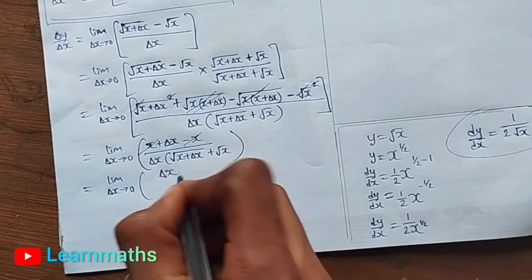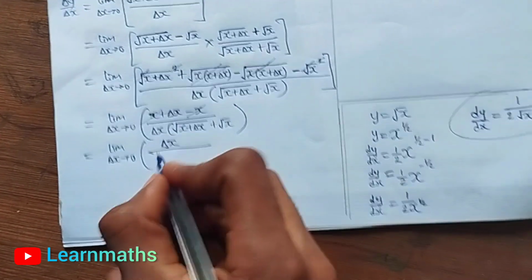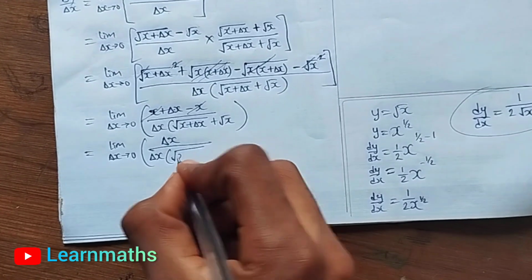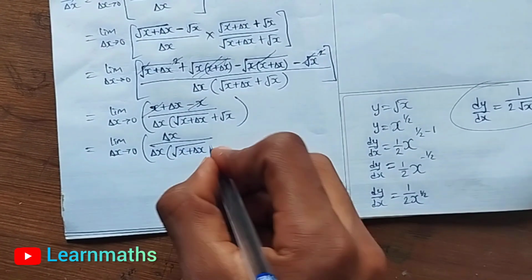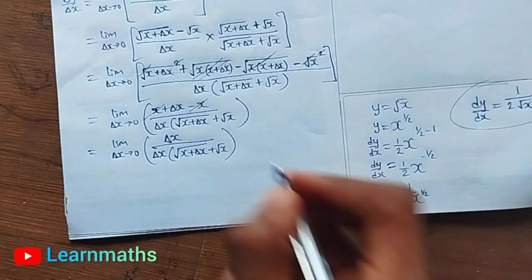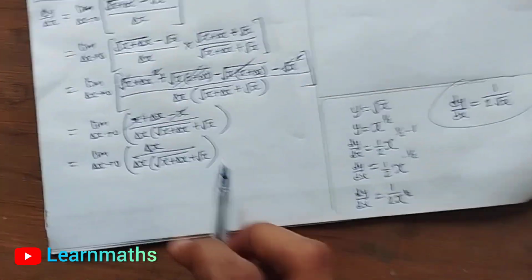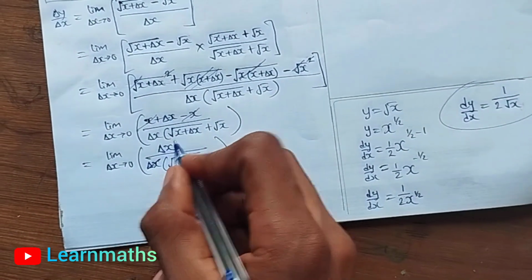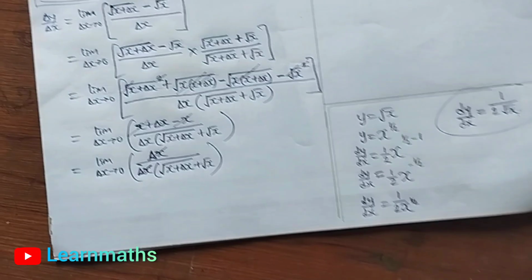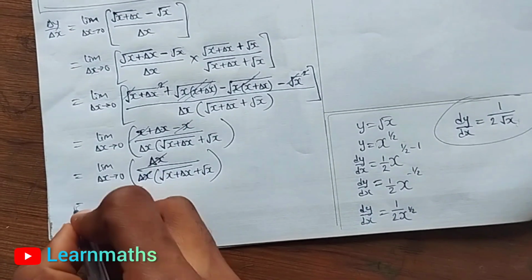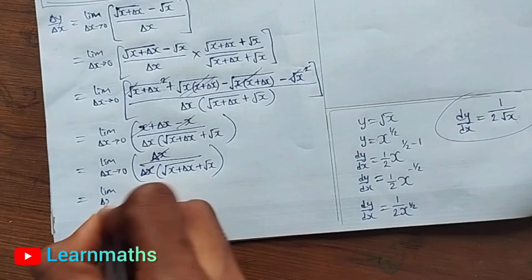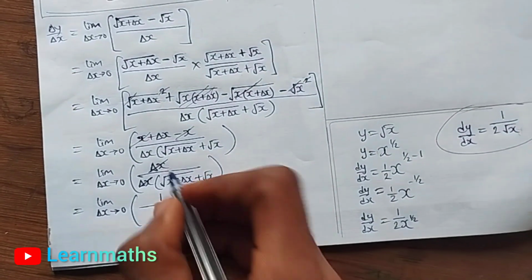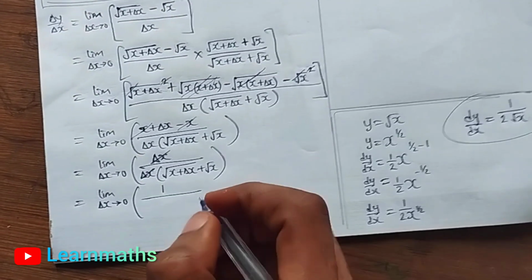Now we're left with change in x in the numerator. Then the denominator, we have change in x multiplying the square root of x plus change in x plus square root of x, right? We didn't actually open this bracket, so it's going to be easier now to cancel change in x with change in x, right? So we're going to be left with the limit as change in x approaches 0 of 1, right? There's nothing that can cancel this, so we're left with 1.